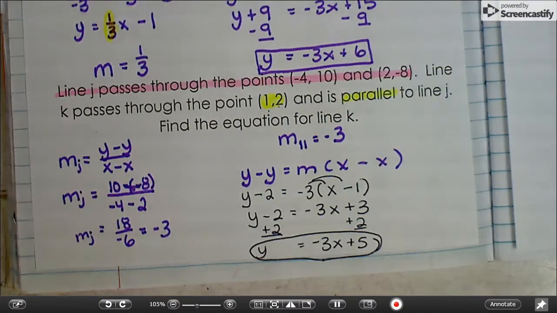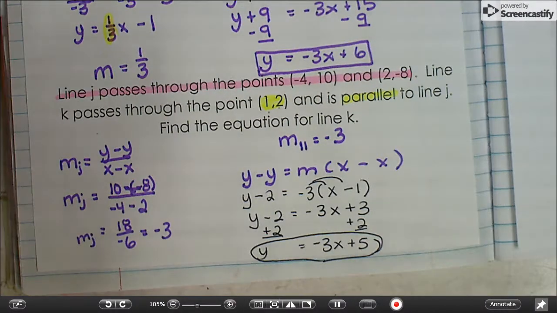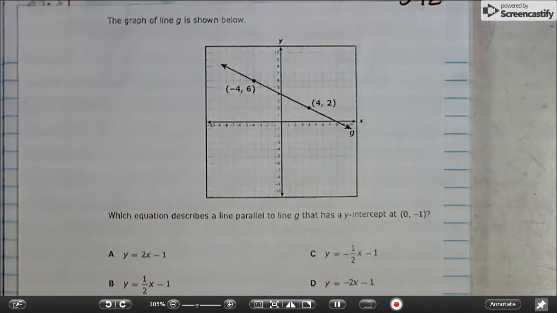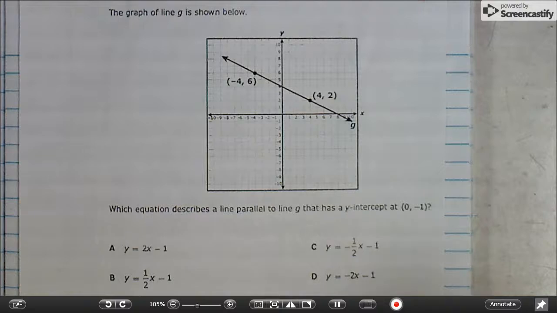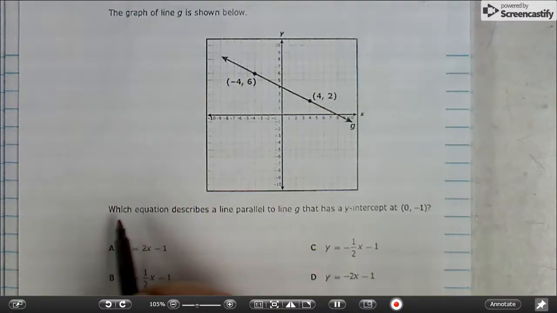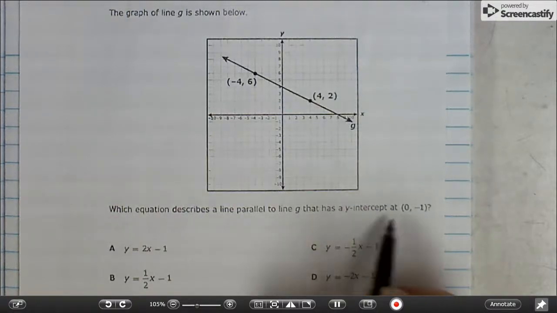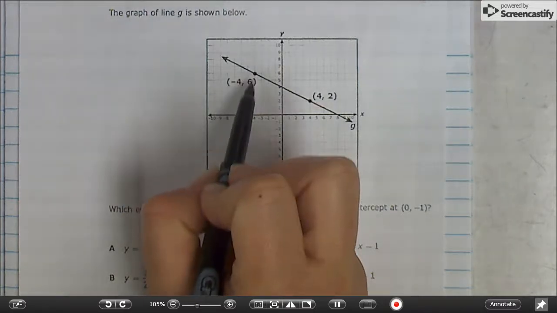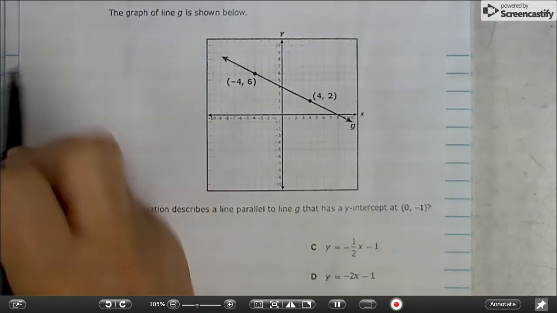So I have two more problems that are more just let's-look-at-them problems than do much. This paper shows the graph of a line, P, and we want to know which one is the equation for a line parallel. The short way to do it would be to count the slope or do the slope formula.